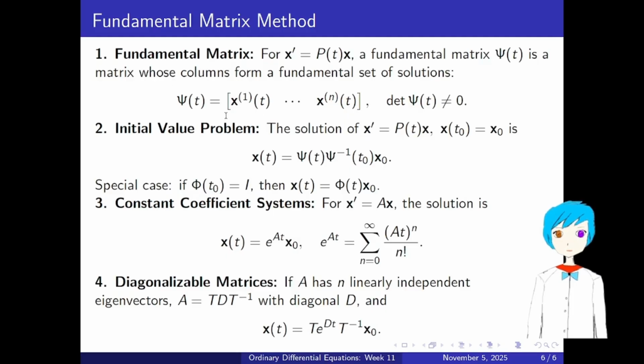If we can get the fundamental matrix, we can write the solution to the homogeneous differential equation x prime equals P(t)x as x(t) equals the fundamental matrix times the inverse of the fundamental matrix at t0 times the initial condition x0. Specifically, if the fundamental matrix at t0 is the identity matrix, then the solution can be simply written as x(t) equals Phi(t) x0.